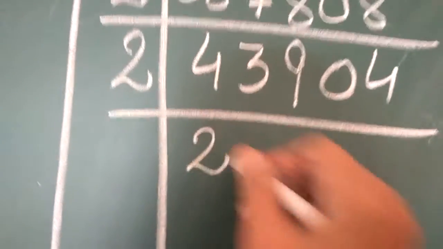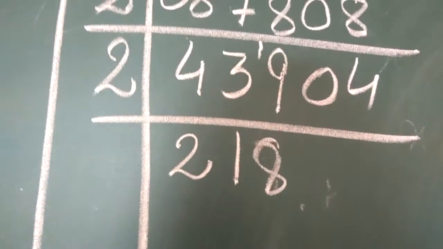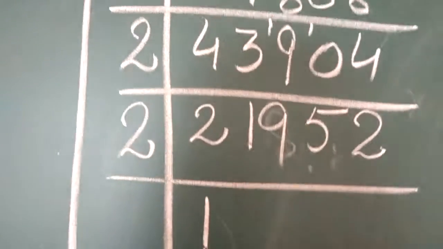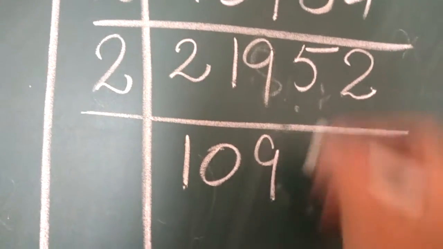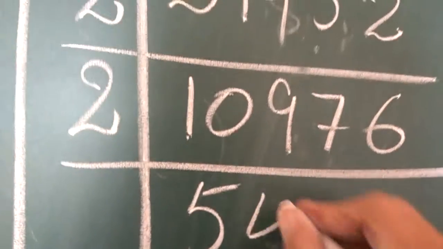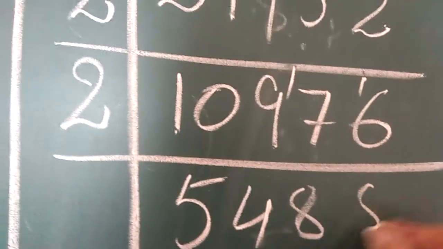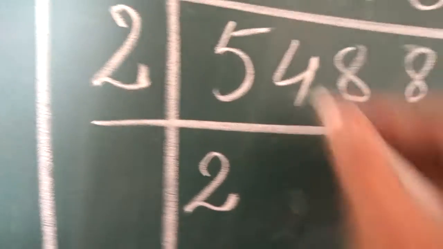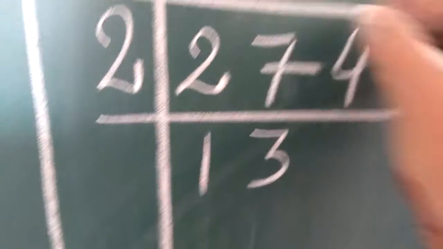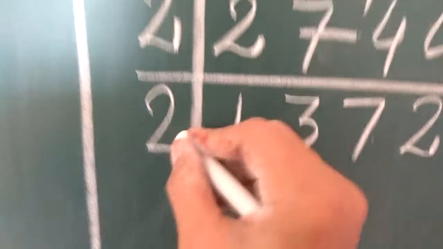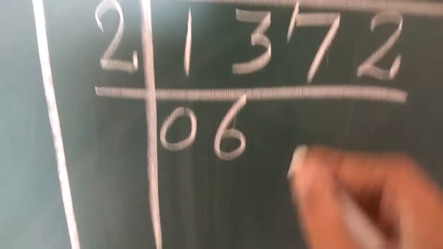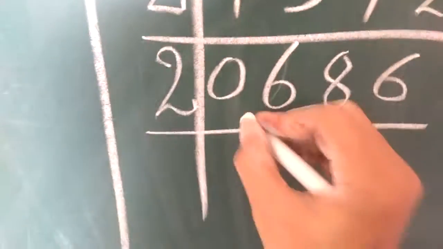Then 2 2s are 4, 2 1s are 2, carry 1, 19, 8s are 2 9s are 18, carry 1, 10, 2 5s are 10, 2 2s are 4, then 2 1s are 2, for this one place a 0, 19, 2 9s are 18, 15, 2 7s are 14, 12, 2 6s are 12, so again 2 5s are 10, 9, 2 4s are 8, carry 1, 17, 2 8s are 16, carry 1, 8, so 2 2s are 4, carry 1, 2 7s are 14, 2 4s are 8, again even, 2 1s are 2, 2 3s are 6, carry, 2 7s are 14, 2, then again 2, for 1 place a 0, as it is not divisible by 2.